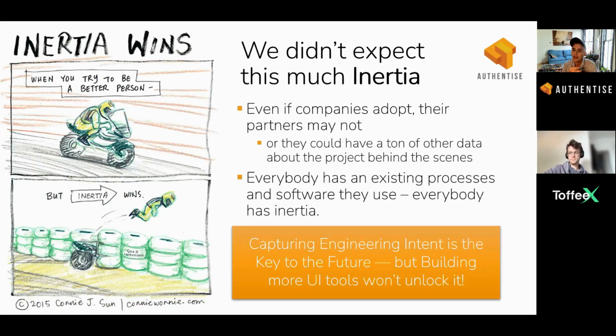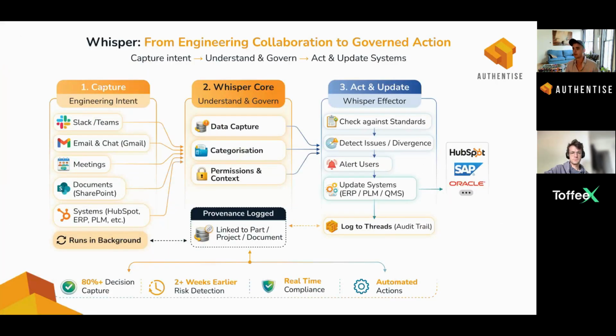So really, if capturing intent is key, and I hope we've persuaded you that it's important, we can't rely on user interfaces to capture that intent. We need to think behind the scenes, and that's what Whisper does. Whisper captures the information where it's generated, categorizes that information, and then applies permissions and context onto that, so it understands the implied permissions of that information.